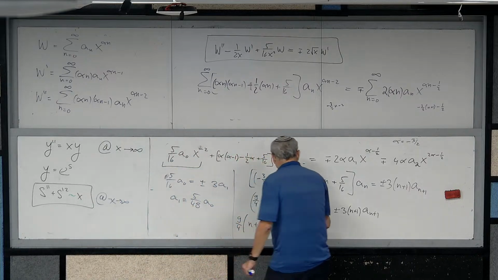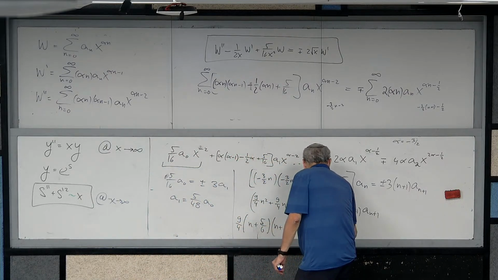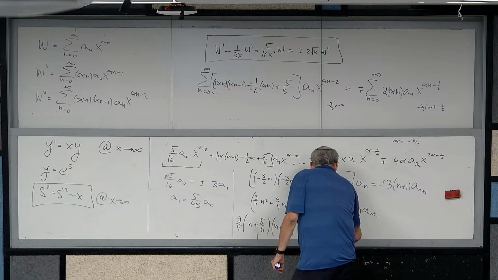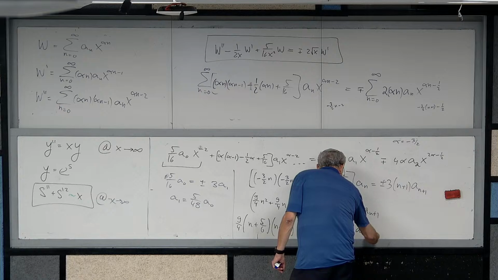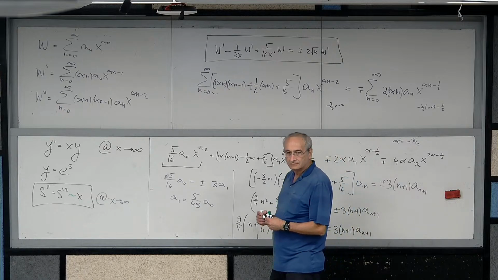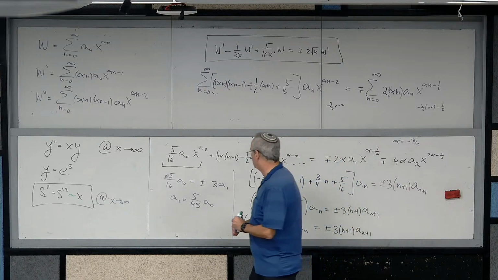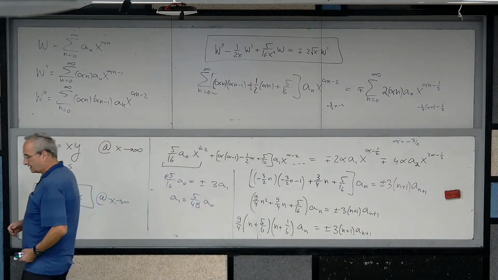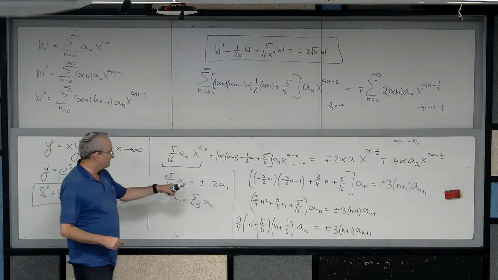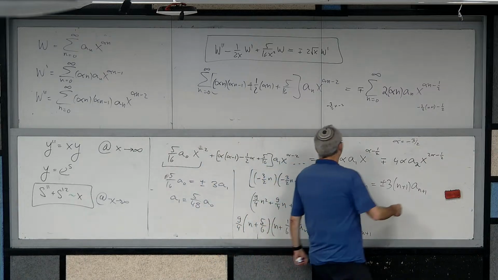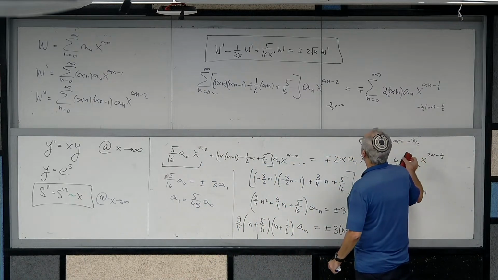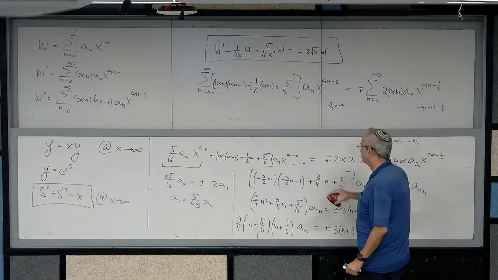So this times a_n is equal to plus minus 3 (n plus 1) a_(n+1). Good. So now we have the whole recursion relation for the W series that I wrote here. Okay?